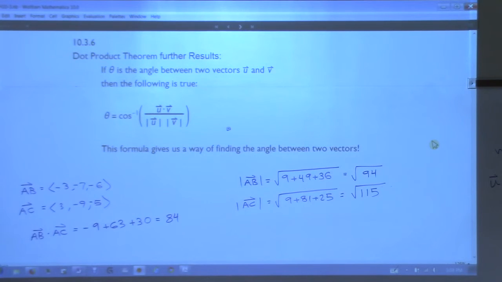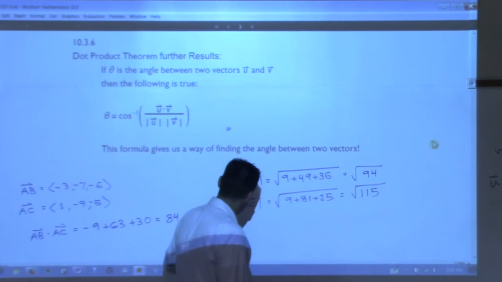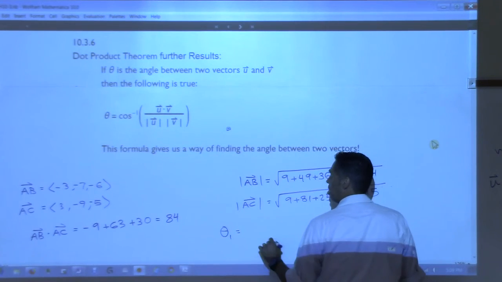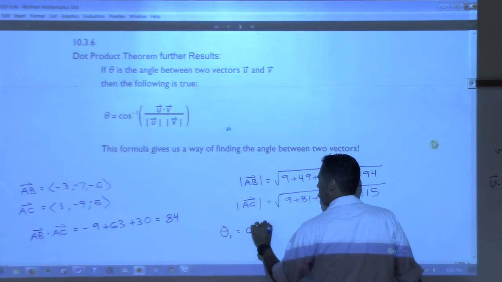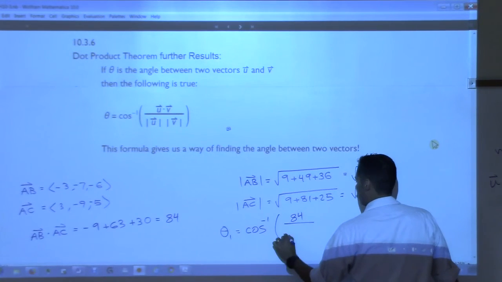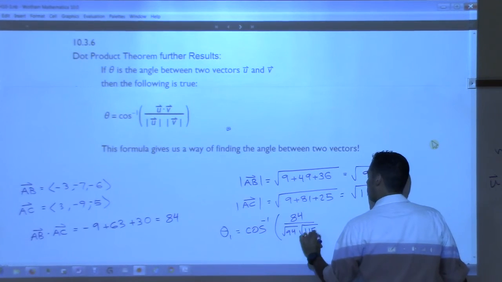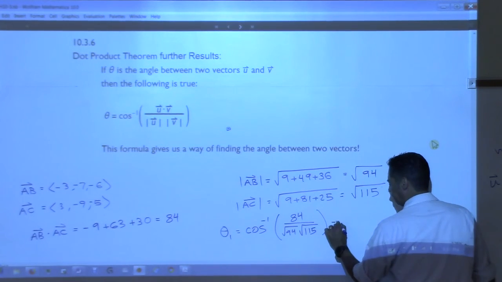Does that make sense? Okay, so theta, or theta 1 is what we called it a second ago, is going to be arc cosine of 84 over the square root of 94 times the square root of 115. So you'll need your calculator for that.